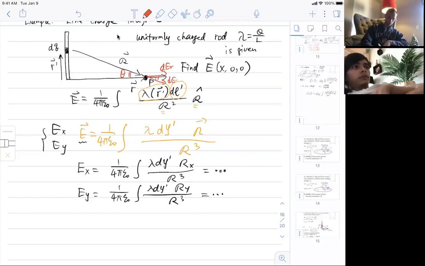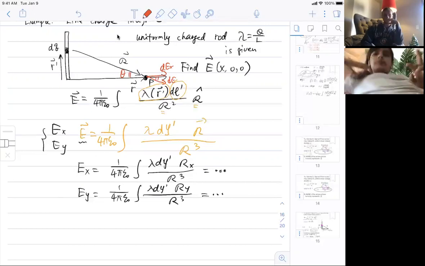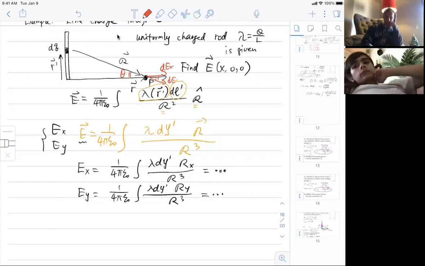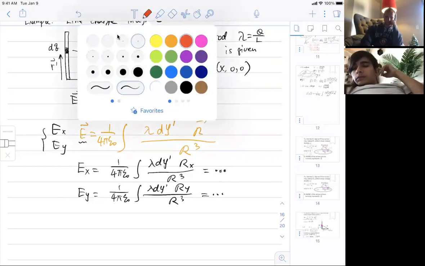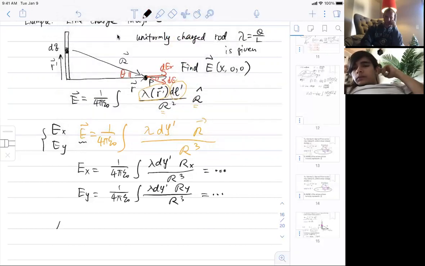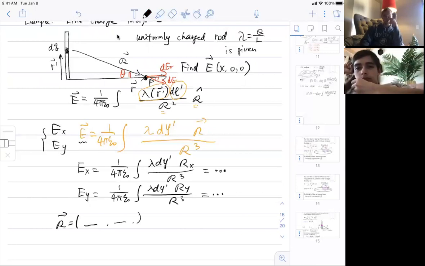You can still do it this way, but with the help of script R, you can treat this entirely in more of an algebraic way instead of looking at the diagram. So we just need to know what script R is. We need to write out what vector R is. It has an X component, a Y component. Now we don't have a Z component. So we know what this is. I can just plug it in like algebra.